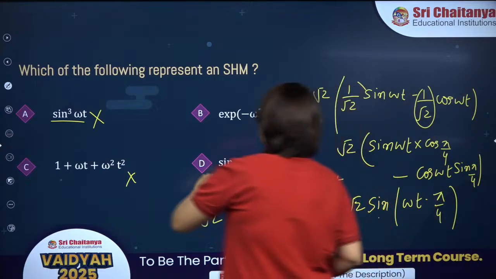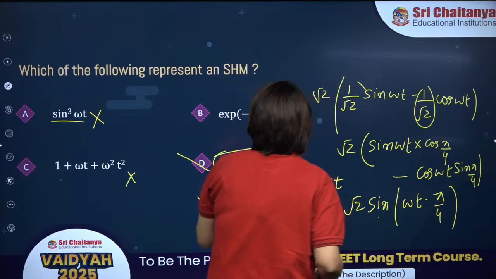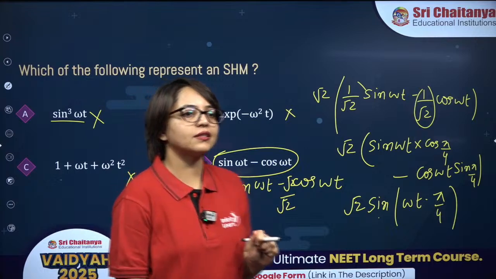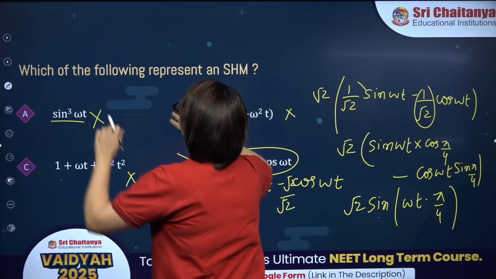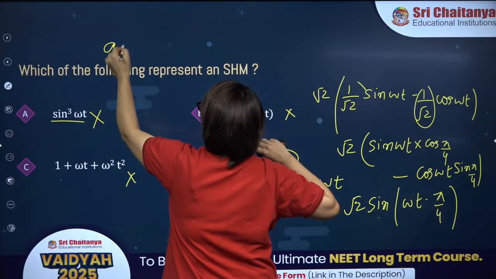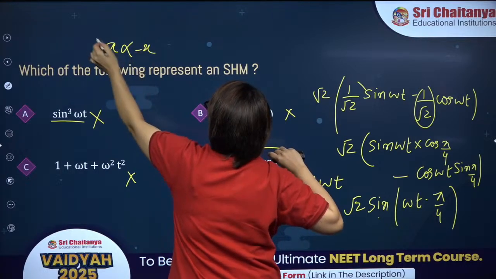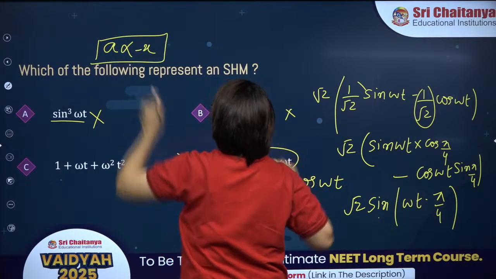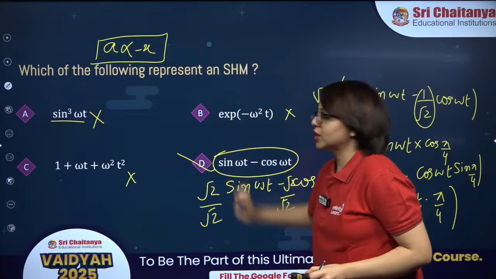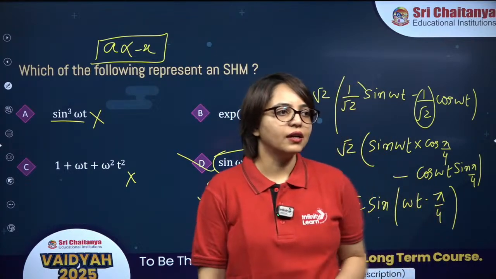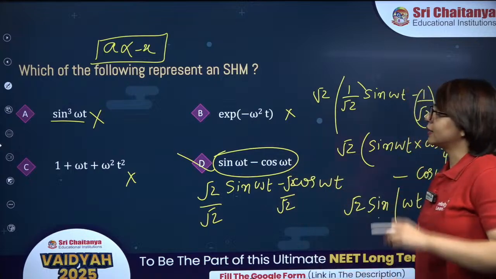So this is the function which represents SHM. Fine, this is the function which represents SHM over here. Another way of verifying this is that acceleration should be directly proportional to minus x. If you can do this also, then you can prove that this equation is SHM. Fine. So the correct answer is option D.